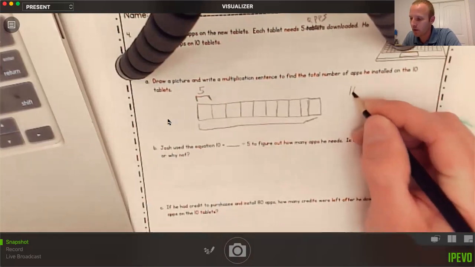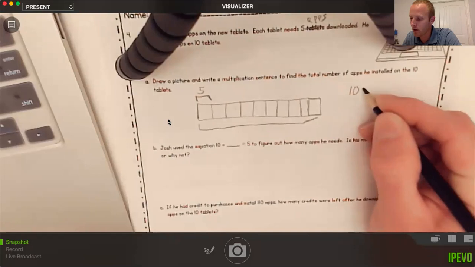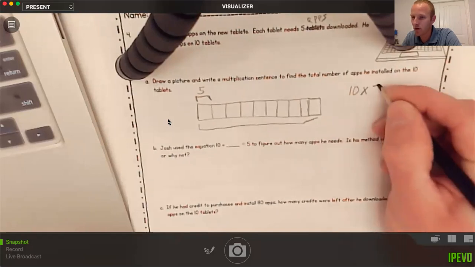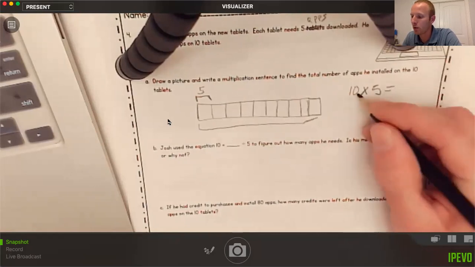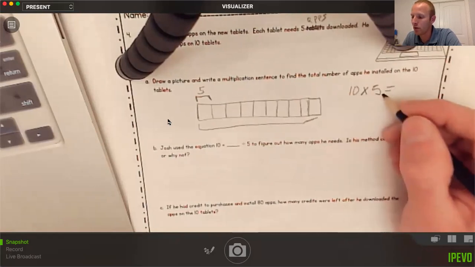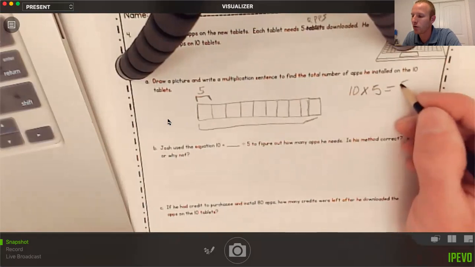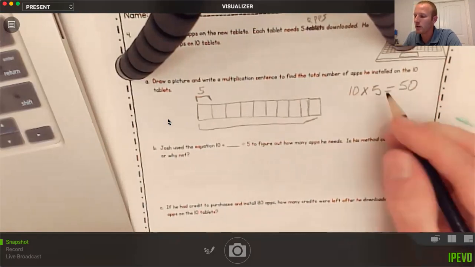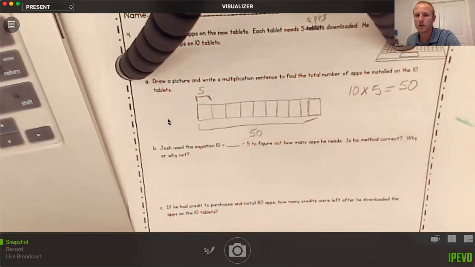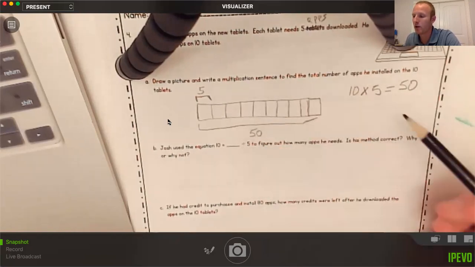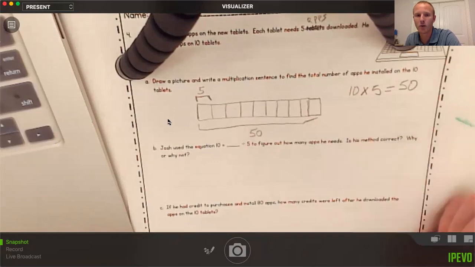We have 10 groups or 10 tablets times 5 apps on each. And when we multiply by 10, we're just going to add the 0 onto the back of this factor. So we'll turn that 5 into a 50. And so there are 50 apps. And we've completed everything we need to for that portion of the problem.